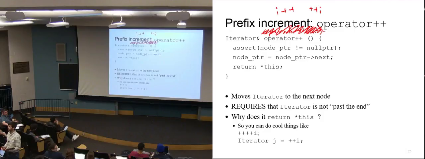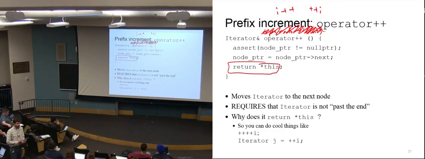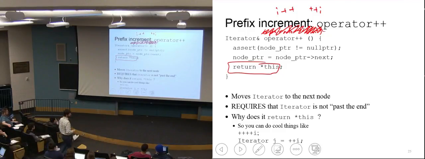Could you return node pointer instead of this, like star this? I think so. I don't know the answer to that. I'd have to try. They should point to the same place. Star this, it is idiomatic. Like all prefix increment operators, they look kind of the same. They have a lot in common. So once you implement one of these iterators, the next one is a lot easier because you can copy paste a lot of the code and the syntax.